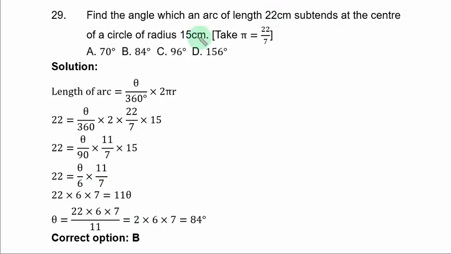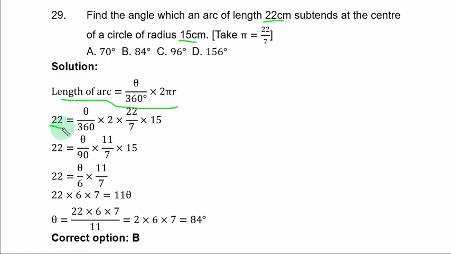Question 29. Find the angle which an arc of length 22 cm subtends at the center of a circle of radius 15 cm. So this is a length of arc formula. In this question, the length of the arc is 22 cm.